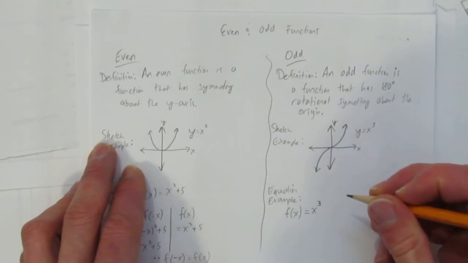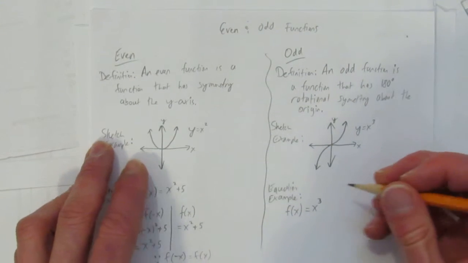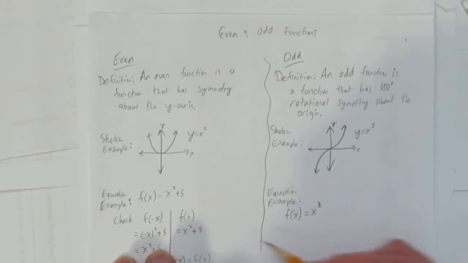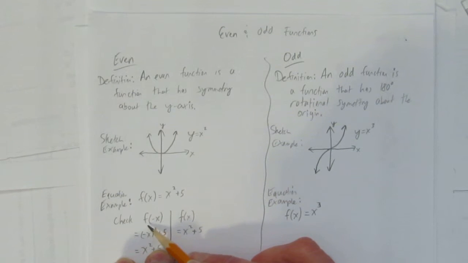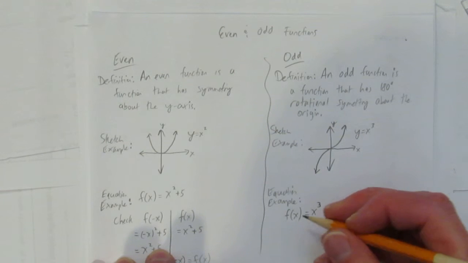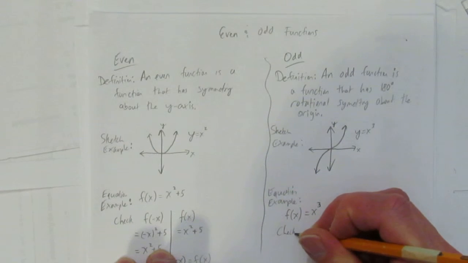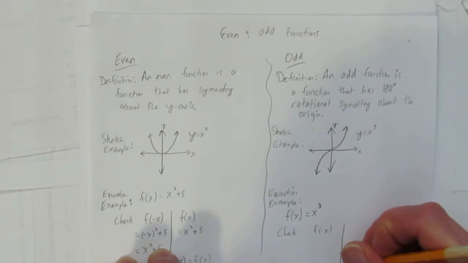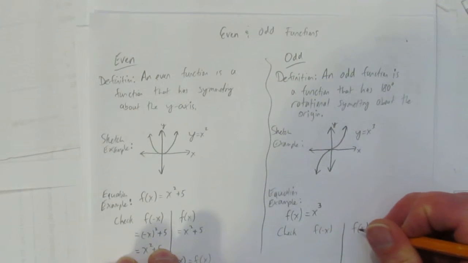But how do you show that using algebra? Well, it's a little bit different here. You're going to have to know what to check for. With an even function, we check that f at negative x equals f at x. With an odd function, we want to check, is f at negative x the same as negative f at x?